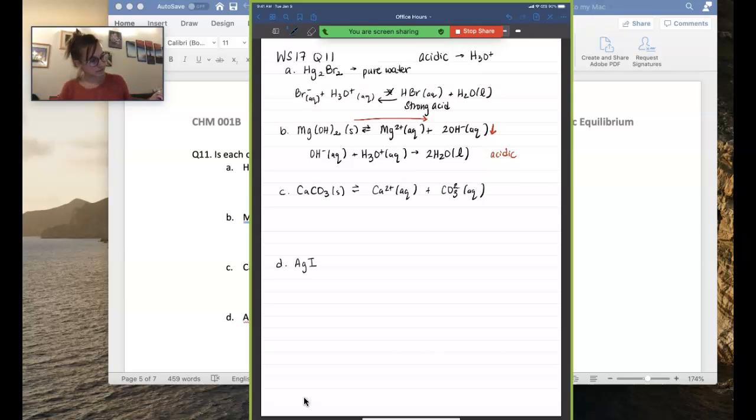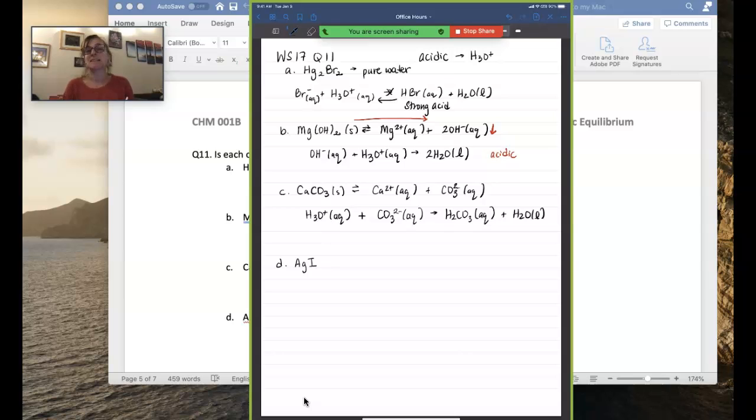So we have the hydronium ion in solution in the presence of carbonate. I'll just do one proton at a time. And so you make carbonic acid.